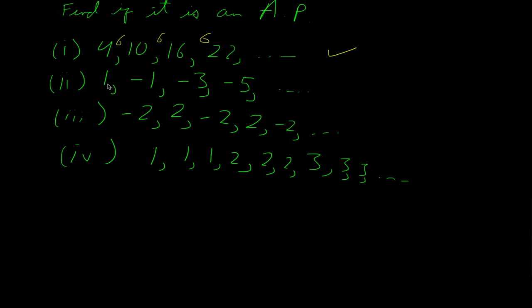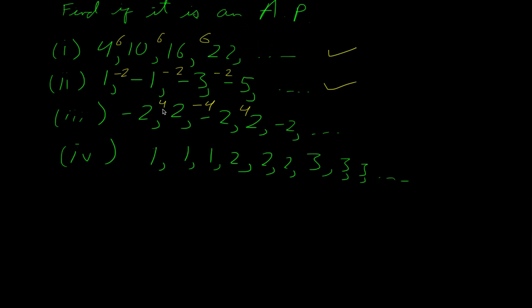Here, -1 minus... we have -1, -2, -3: -2 minus -1 is -1, -3 minus -2 is -1. So this is an AP. Let's say in this next case, 2 minus -2 will be 4, whereas -2 minus 2 will be -4, and 2 minus -2 is 4 again.